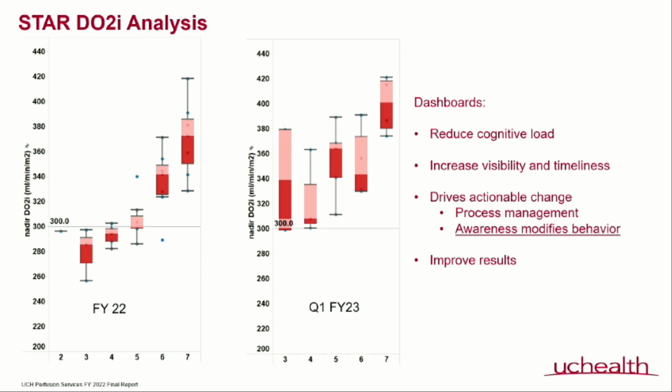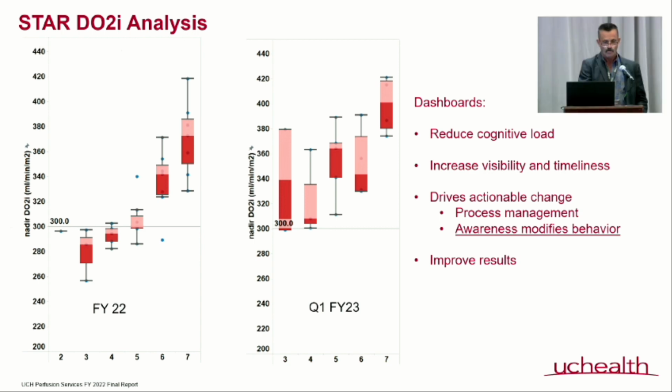So this is the improvement that we made in the nadir DO2 by our case ranking from one year to the next. Just showing people that their cases, once we dropped below a point score of 5, were really below our threshold of 300, and just by seeing that data, they made dramatic improvements the next year.